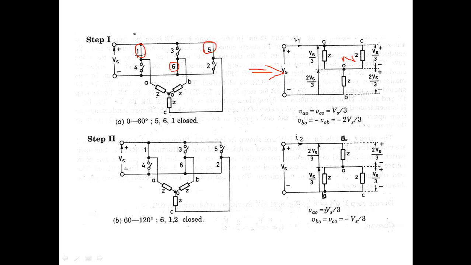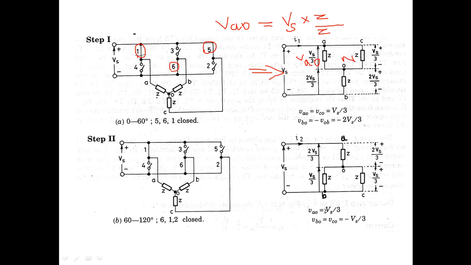So this is your VA0, and it will be equal to VC0. So VA0 is equal to the total voltage Vs into, by the voltage division principle, Z divided by the total impedance.